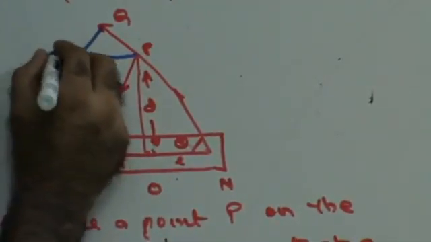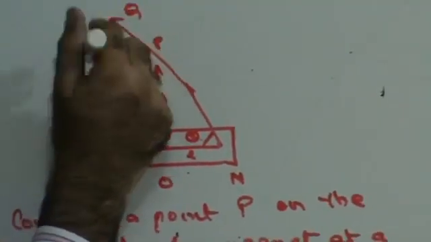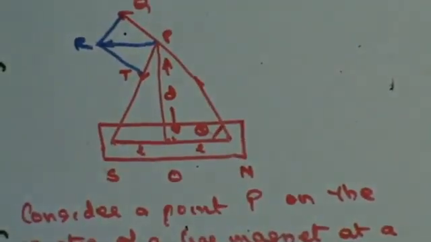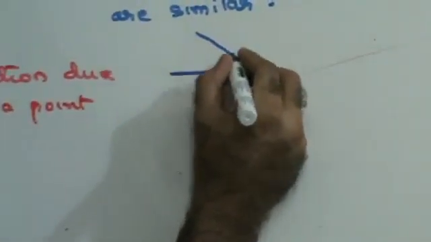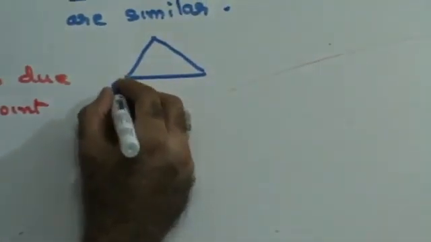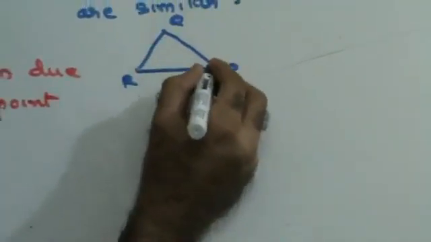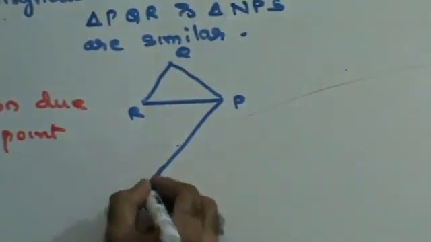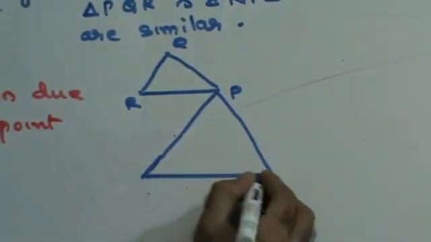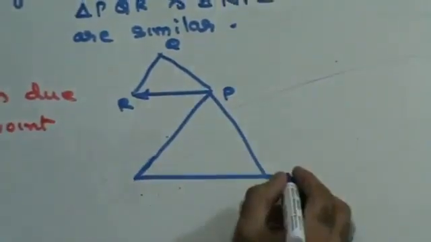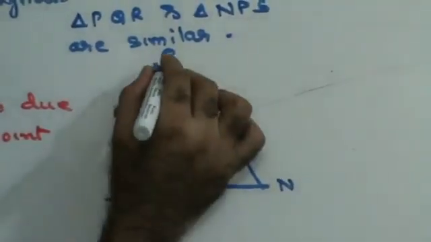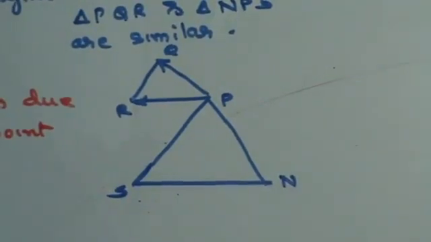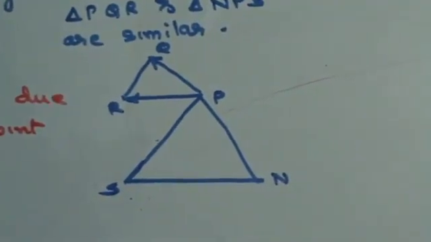This was my R. This triangle and this whole triangle down there are similar. I'm going to draw this figure here for you all again. You have R, P, Q, and then you have N, P, S. So triangle PQR and NPS are similar.